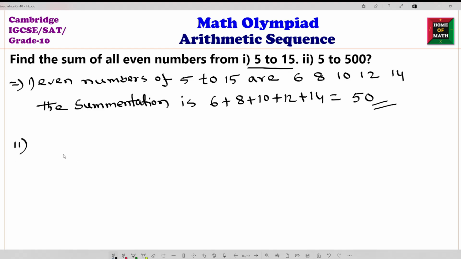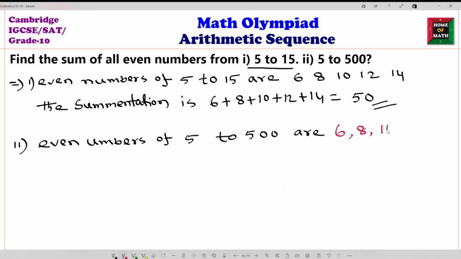Second, the even numbers from 5 to 500 are similar: 6, 8, 10, 12, dot dot dot, 500.